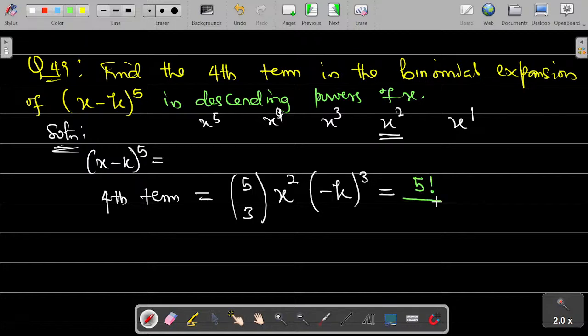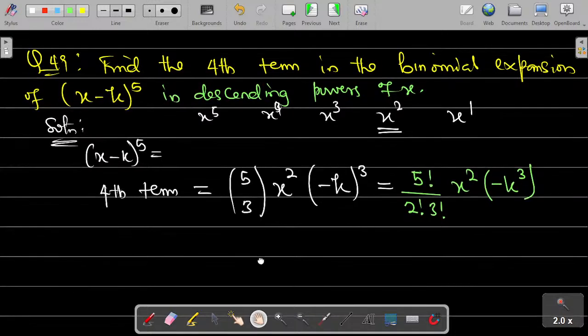That's 5 factorial all over 5 minus 3, which is 2 factorial, 3 factorial there. Okay, so we have 3 factorial there, and then all multiplied by our x squared, then multiplied again. This is negative, and then this one is odd. So I can just write it as minus k raised to the power of 3. That's what we said earlier.